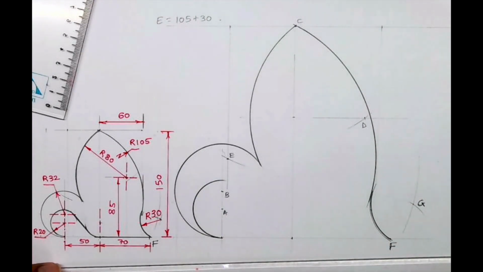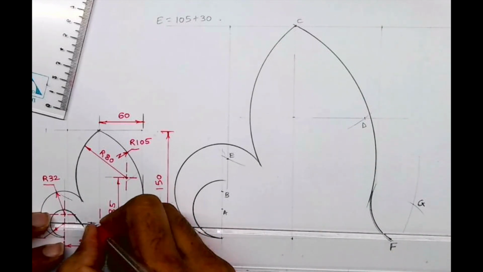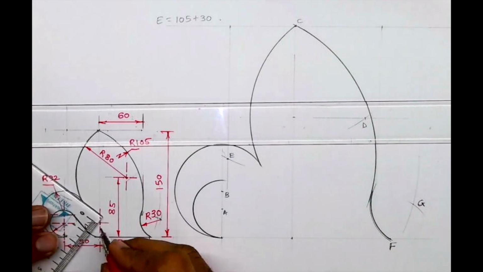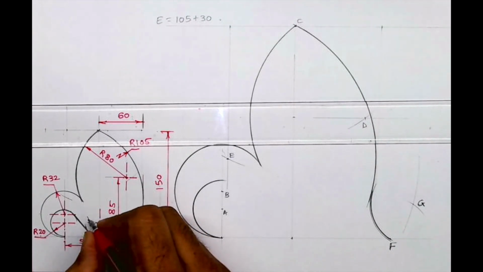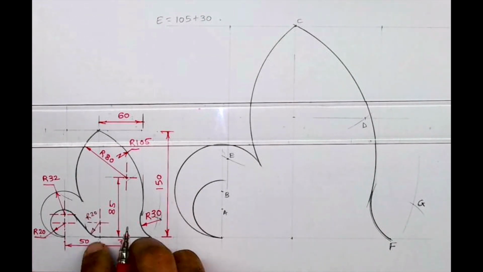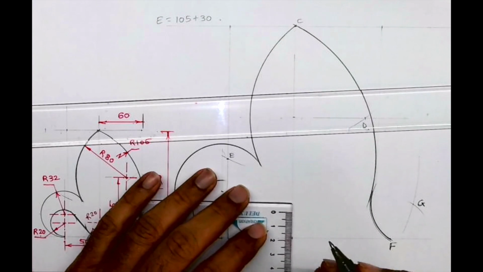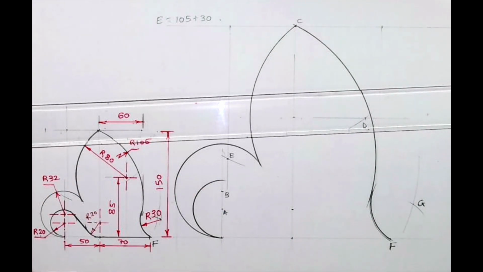Now we need to draw this radius 20 also. I'll just mark this radius 20. So from this point we'll go up by 20 and we'll draw a circle.